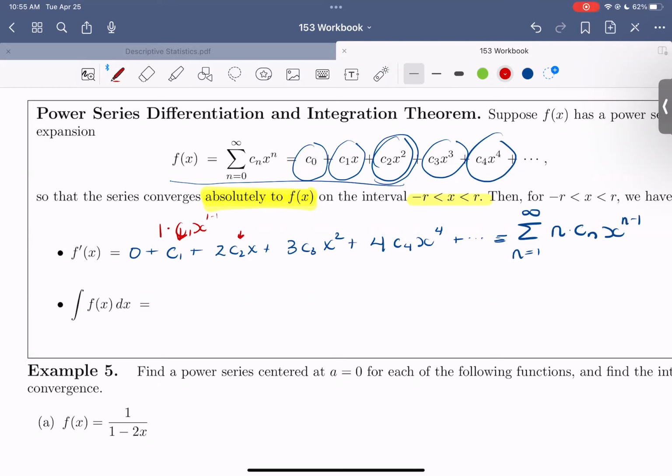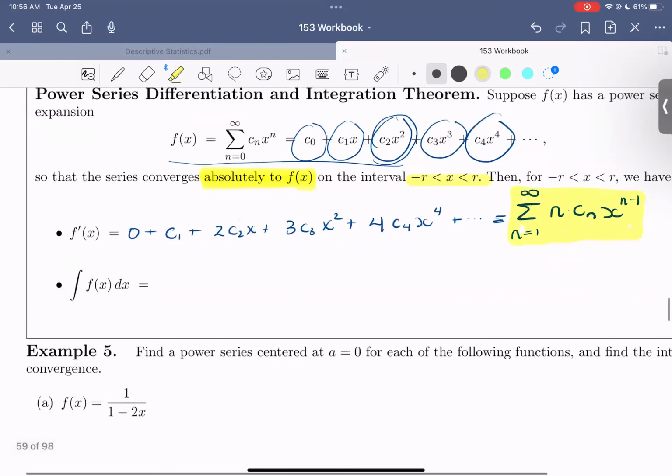For the next term, n equals 2, we have 2 times c2 x to the 2 minus 1. So there's the pattern we're seeing. If our power series looks like the summation of cn x to the n, then the derivative looks like the summation from n equals 1 to infinity of n cn x to the n minus 1.